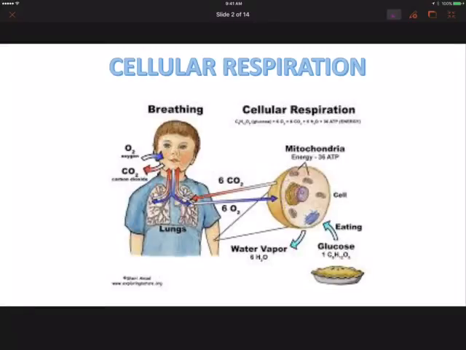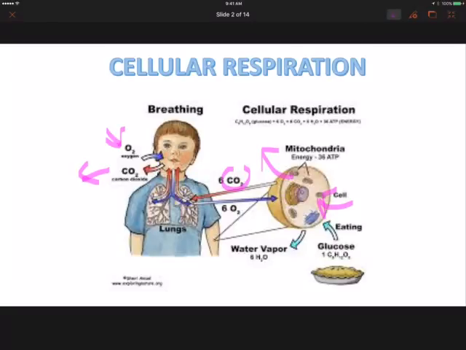When you breathe in oxygen and you breathe out carbon dioxide, this happens within our cells also. Within our cells, oxygen will be diffusing into the cell, and carbon dioxide will be diffusing out of the cell. And that happens because of cellular respiration.